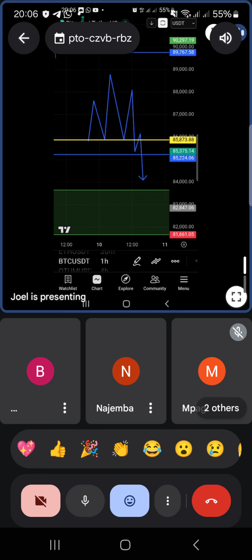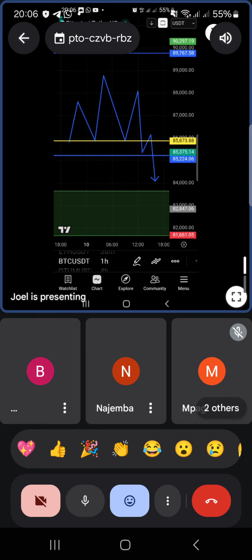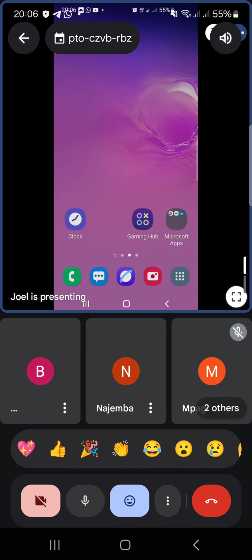For head and shoulders, price will form the head. Let me just get my annotation pen.